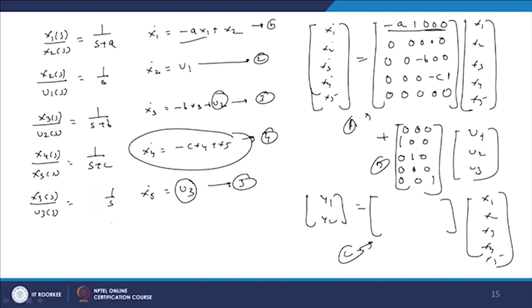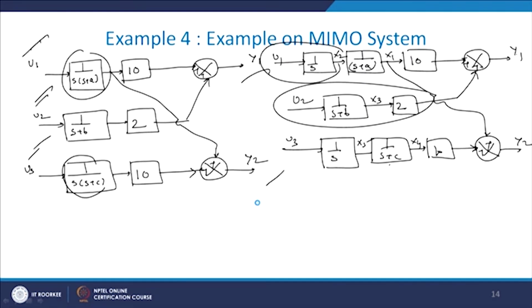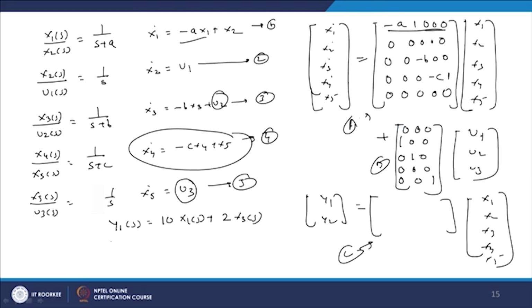The equation for y1 of s equals 10 into x1 of s plus 2 into x3 of s. Here 10 into x1, 2 into x3, and now corresponding to y2, so the input is coming from this side, x1 plus 10 into x4. So, we can write y2 of s equals x1 plus 10 x4.